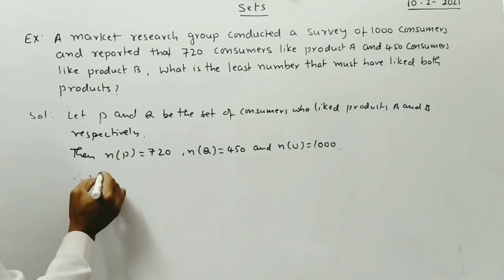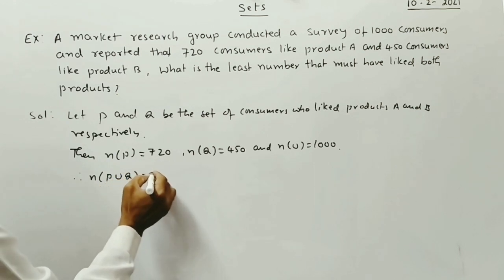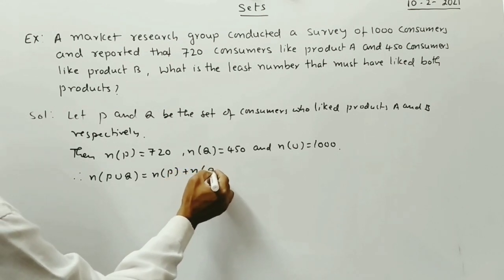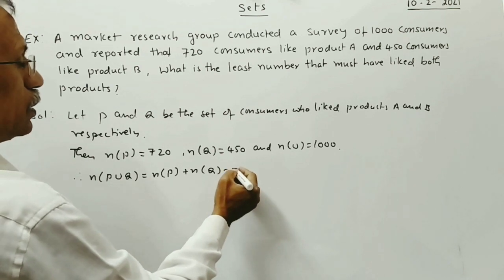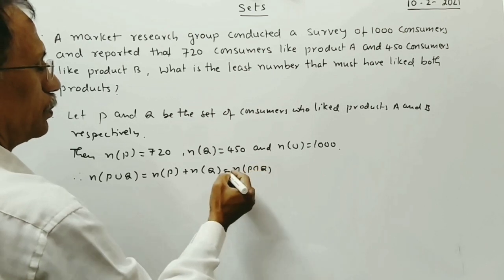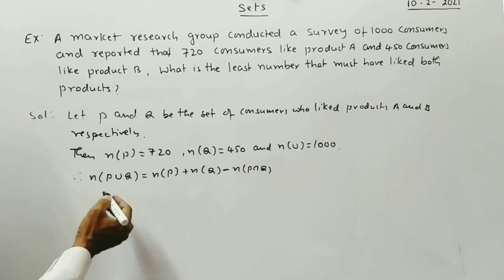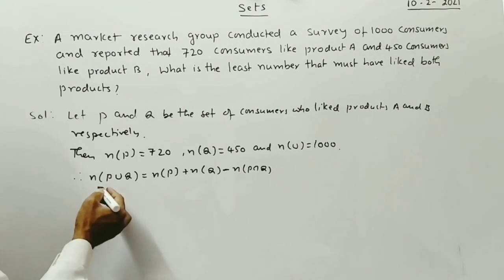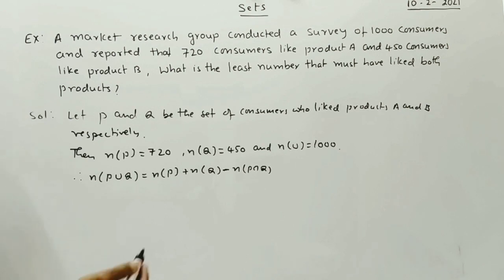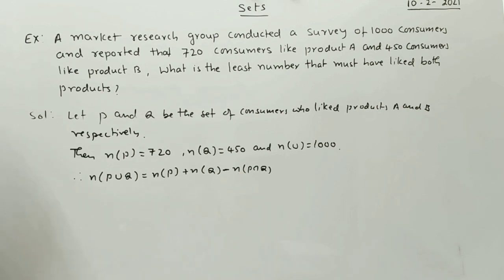Therefore, number of elements of P union Q is equal to number of elements of P plus number of elements of Q minus number of elements of P intersection Q. Number of elements of P union Q is maximum when number of elements of P intersection Q is minimum.